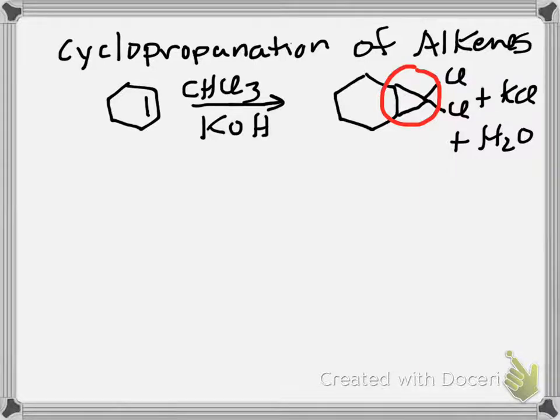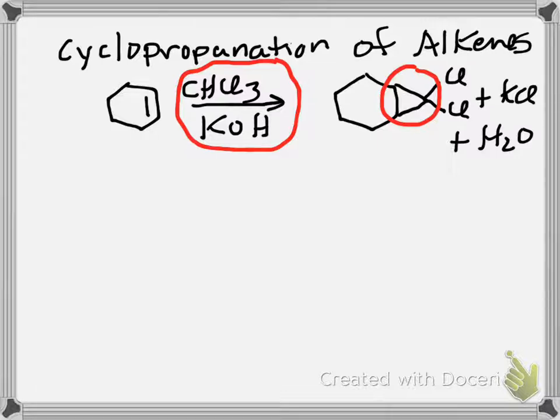So if you're going to form a pretty unstable product, then you have to generate some kind of a reagent that is unstable. And so that's what's happening with these two compounds, chloroform, CHCl3, and hydroxide.